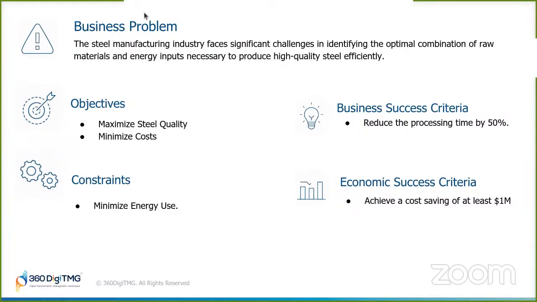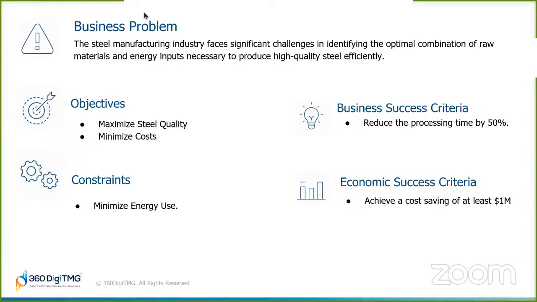Along with that, we also have to focus on the energy inputs. Based on the raw materials used, the energy consumption will also change, which leads to the cost also. So we have to focus on the combination of raw materials and also the energy consumption, and at most, we have to produce the high quality grade of steel. That is the problem that we are focusing on in this project.